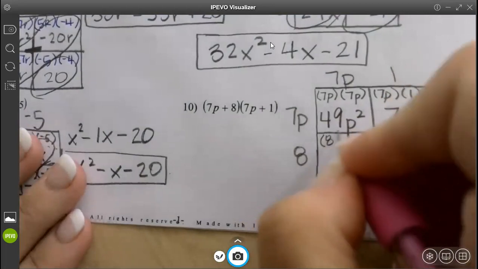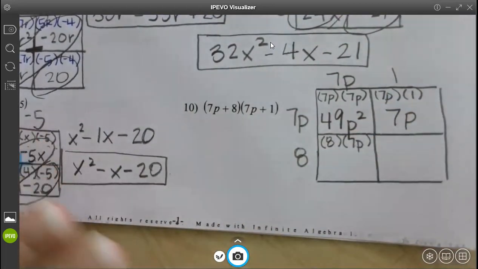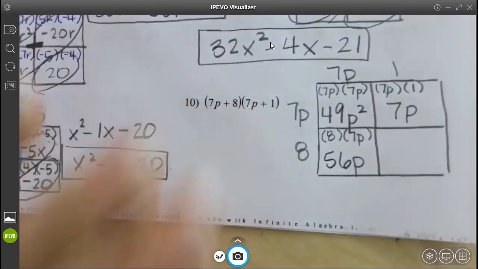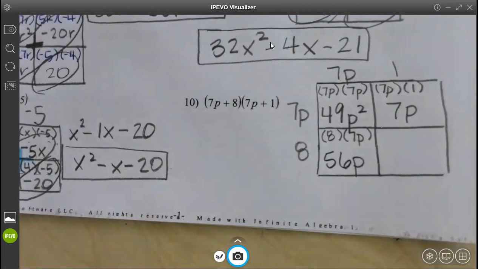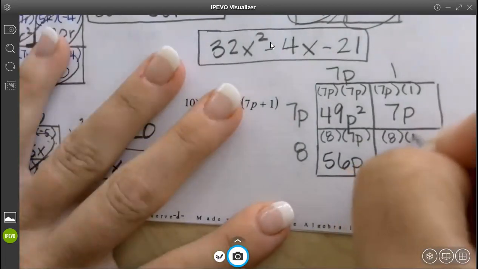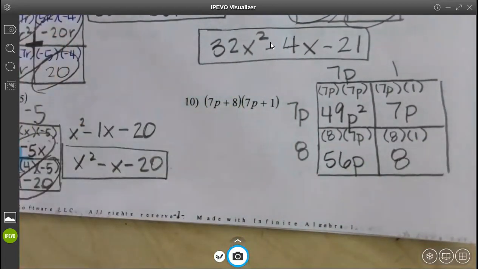In the next box, you have an 8 and a 7p. 8 times 7 is 56, and there's only 1 p. Then in your last box, 8 times 1 is 8.